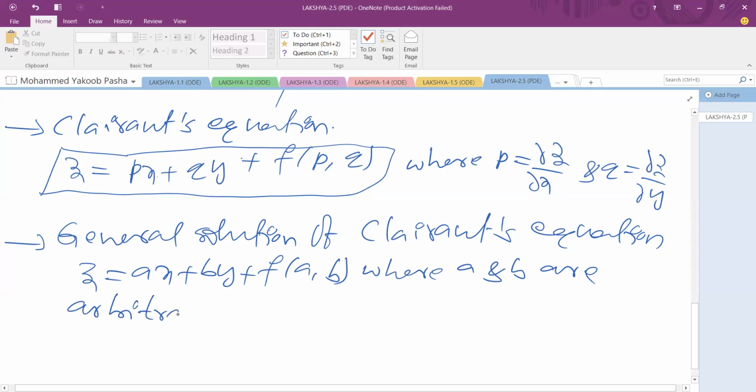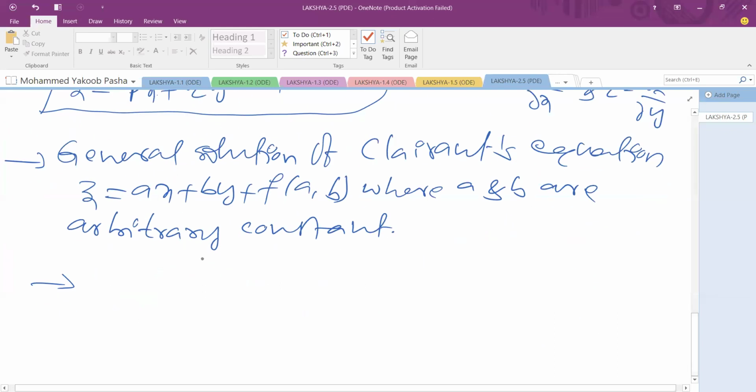After getting the general solution, we can calculate the singular solution. Singular solution can be obtained as follows.